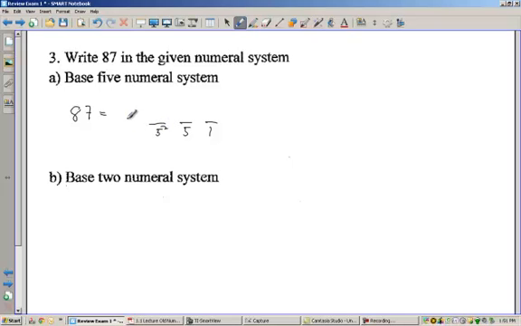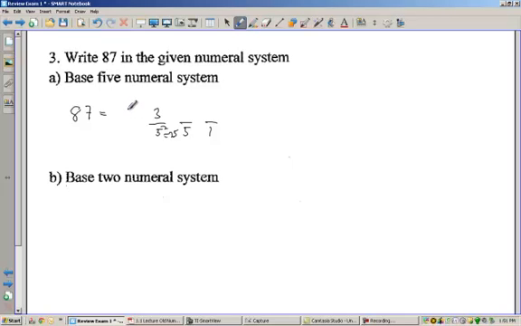And then we don't need 5 cubed, because 5 cubed is 125. Okay, so how many 5 squareds? So 5 squared is 25. And so obviously we can put 3 25s into 87. 3 25s is 75.